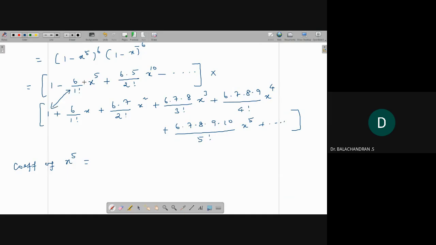If I multiply these two, I'll get coefficient of x power 5, that is minus 6 by 1 factorial. And if you multiply 1 into this, here coefficient of x power 5 is what? 6 into 7 into 8 into 9 into 10 divided by 5 factorial.